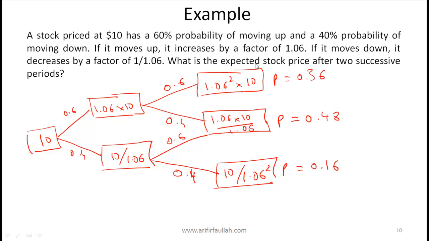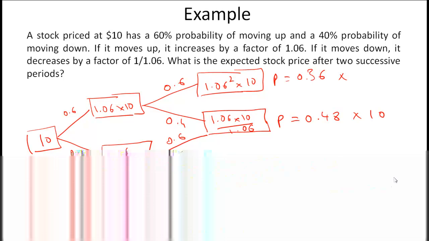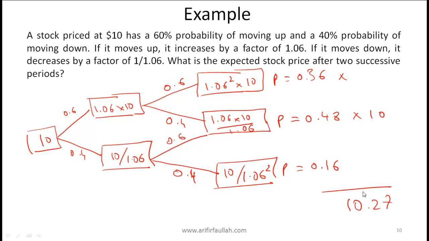The expected value here then is 0.36 times this value plus 0.48 times 10 plus 0.16 times 10 over 1.06 squared. And if you do all these calculations, the answer that you should get is 10.27.